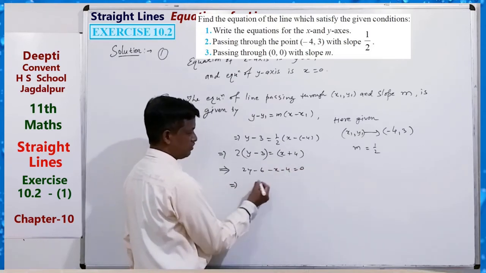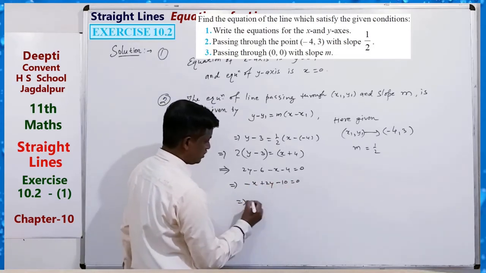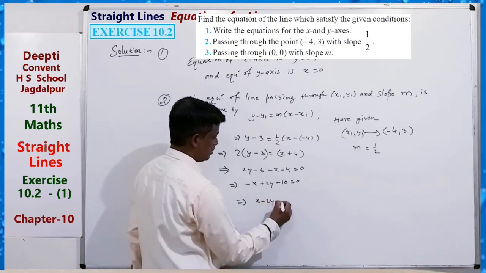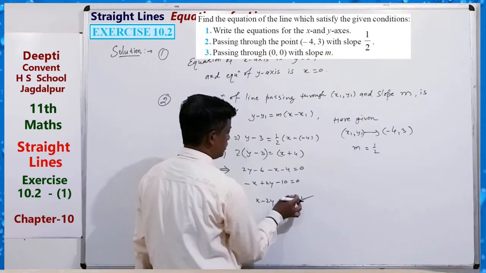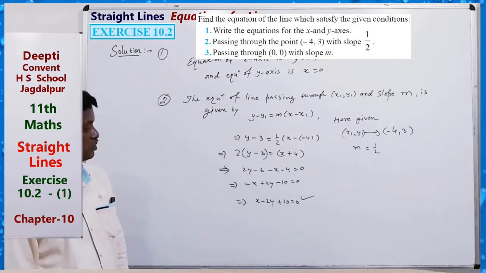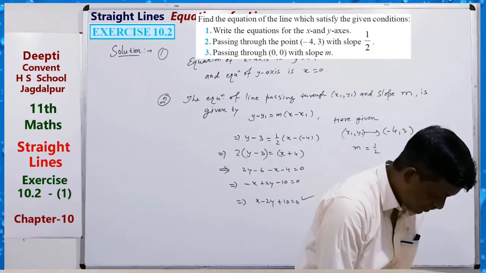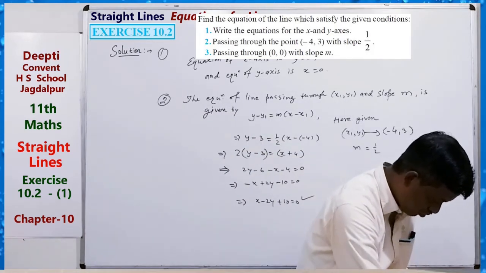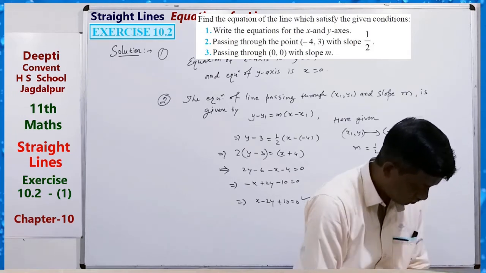So we can write minus x plus 2y minus 10 equals 0. You can write it like this: x minus 2y plus 10 equals 0. So this is our equation of a straight line. So here in 10.2, the answer is x minus 2y plus 10 equals 0.